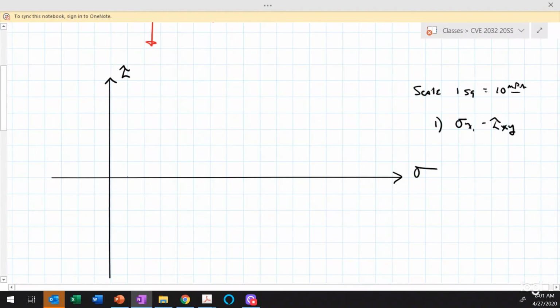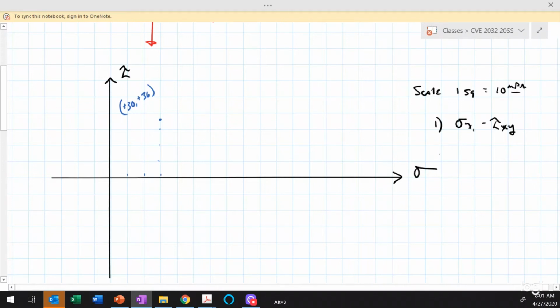So 30 megapascals, I go over here, 1, 2, 3, and minus tau xy is equal to a positive 36, so I go up 1, 2, 3. Right there is about 36. So that is going to be plus 30, comma, plus 36.